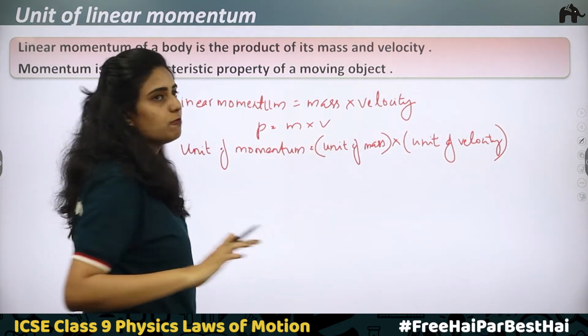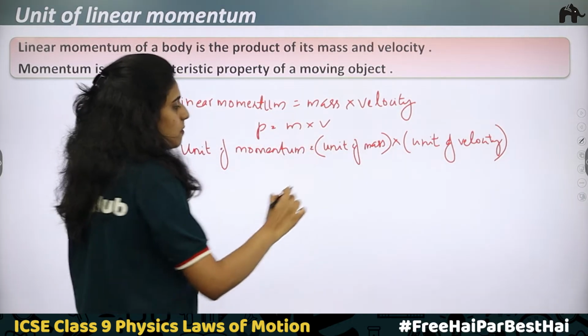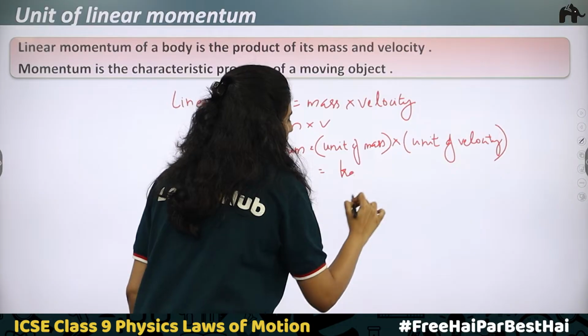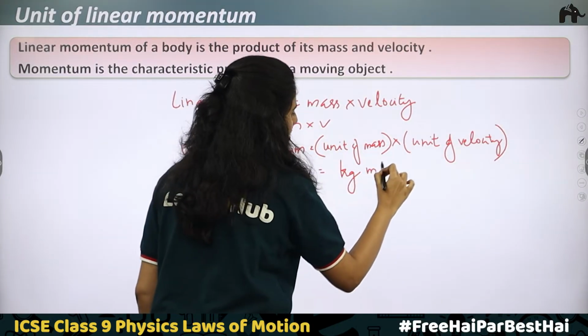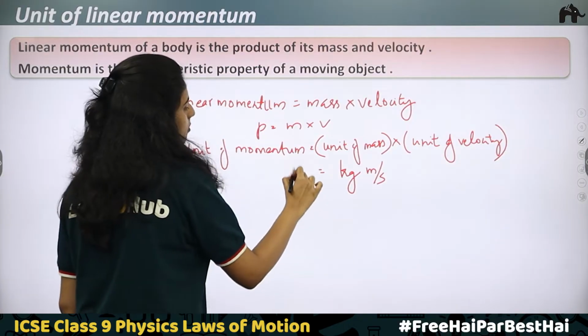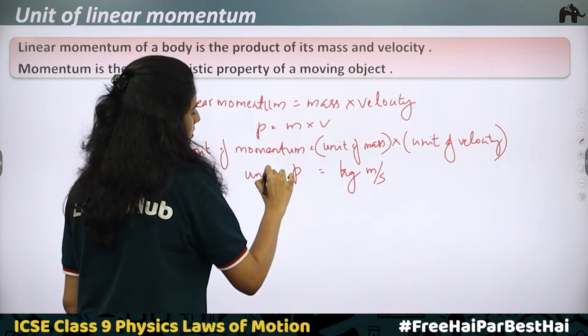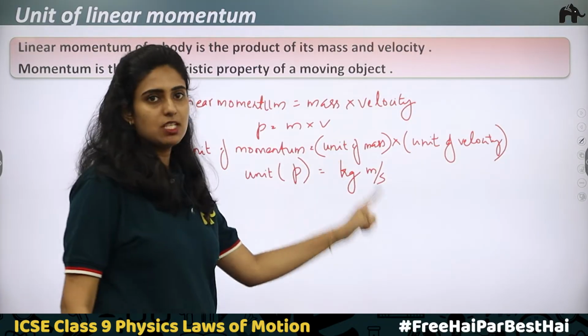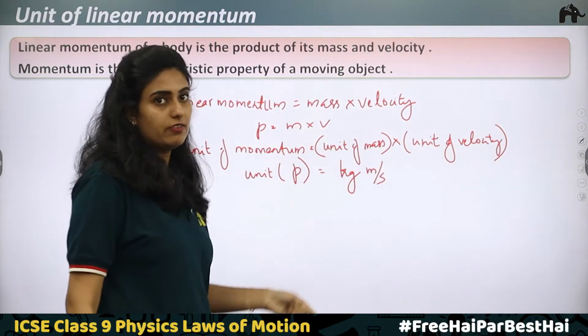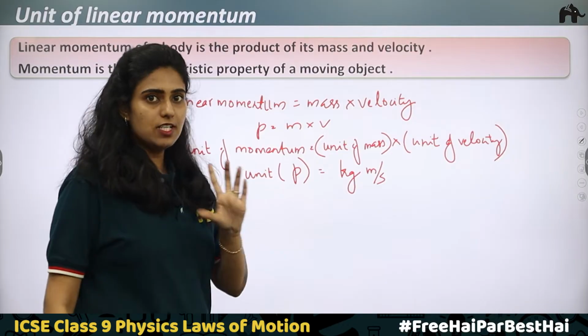What is the unit of mass? The SI unit of mass is kilogram. Unit of velocity is meter per second. So the SI unit of momentum is kilogram meter per second. This is a derived unit. We have studied derived units in the first chapter.